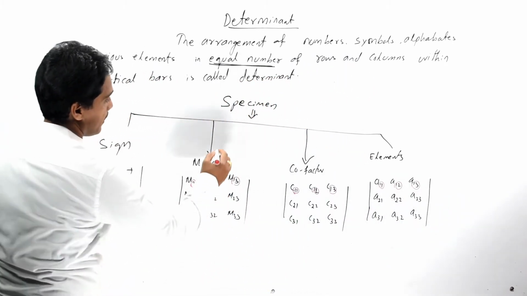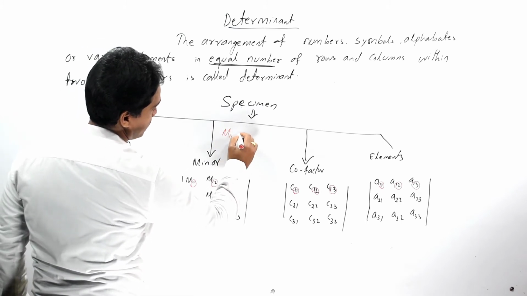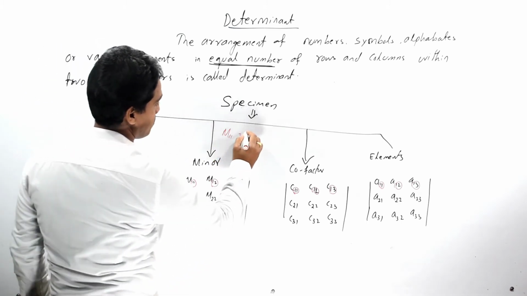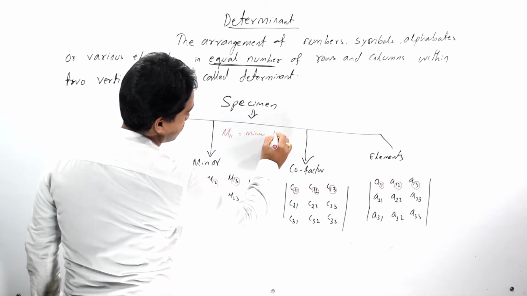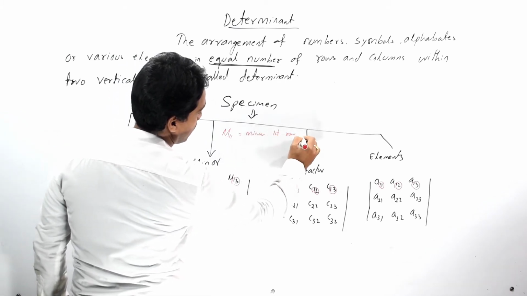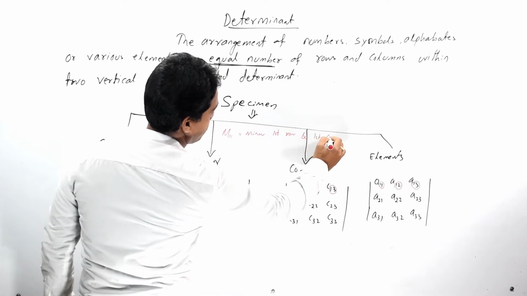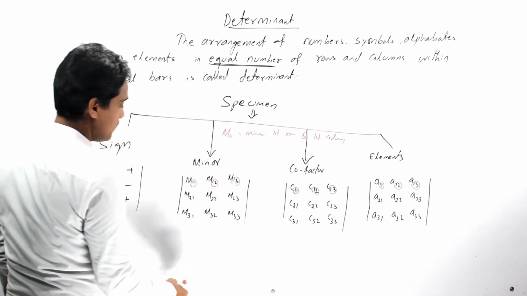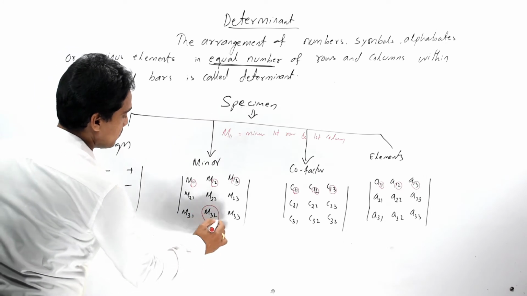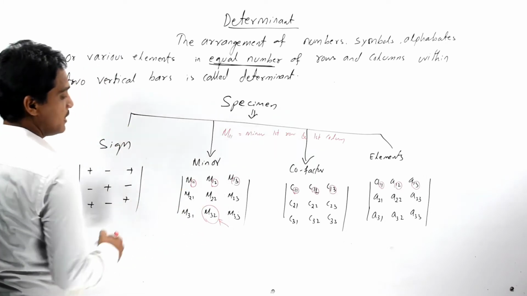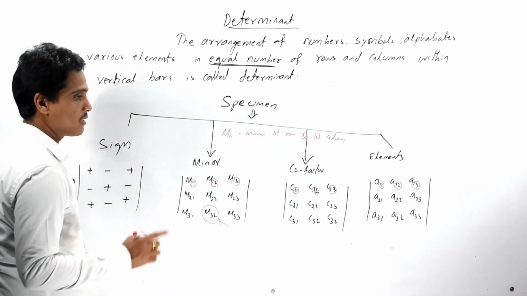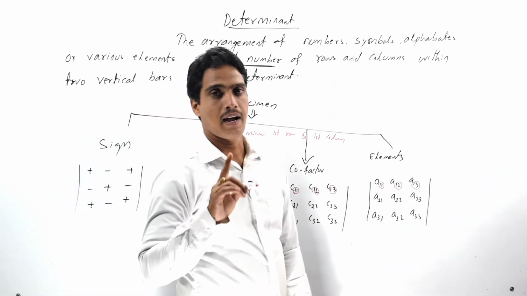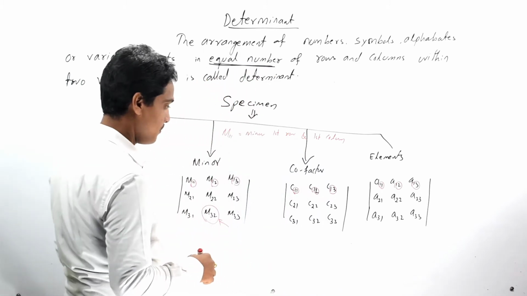Here M11 means the minor of first row and first column. Similarly, M32 indicates the minor of third row and second column.